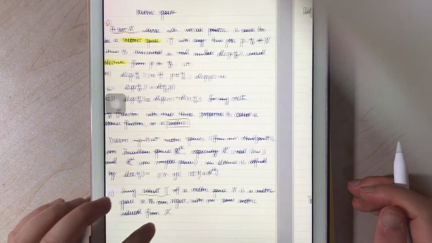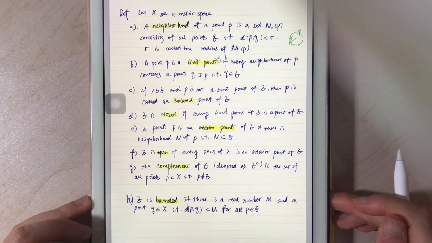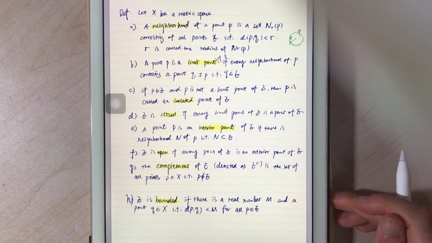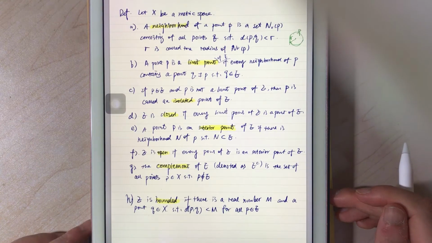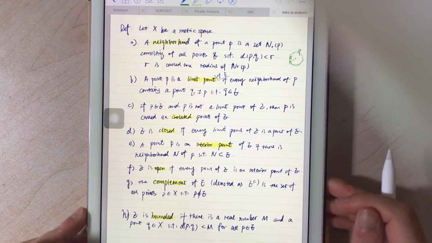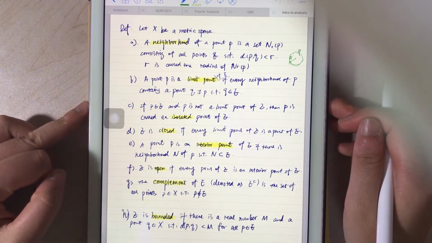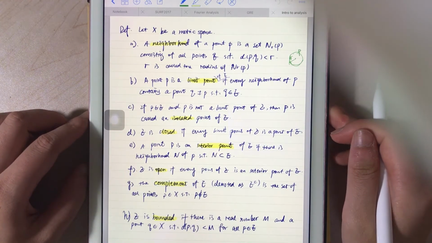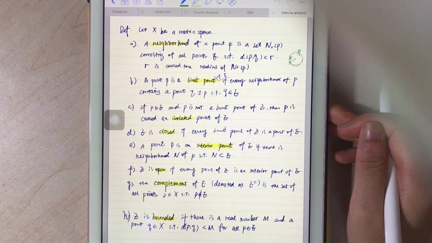Okay. Now next, let's move on to some definitions. Some of them were already introduced in the case of the real line, but some were not. So we're going to take a look at them one by one. The first definition is about neighborhood. So what is a neighborhood?